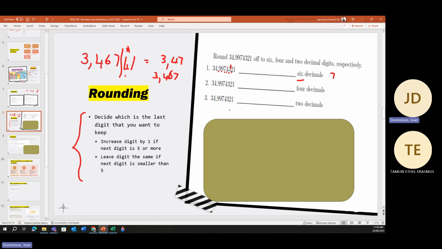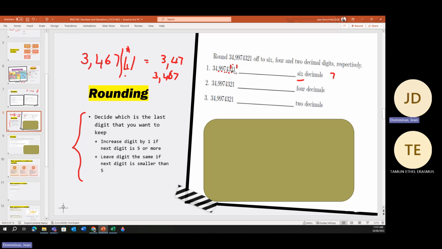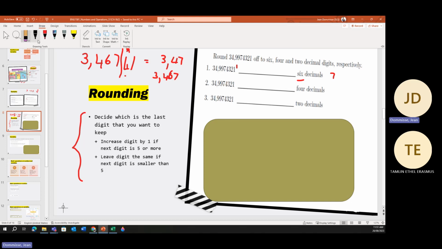Okay, so we have 34.99743. We look at, wait, 1, 2, 3, 4, 5, 6, 7, sorry. I had missed that one. So we look at the 1, and we decide what we need to do.